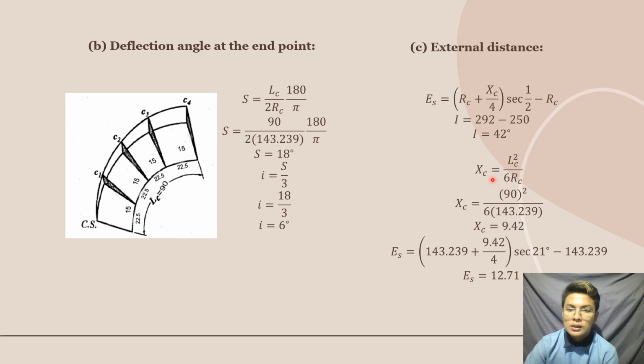Next we find Xc using the formula Lc squared divided by 6Rc. Given the values, Xc is equal to 9.42. So using this general formula, Es is equal to 12.71 meters.